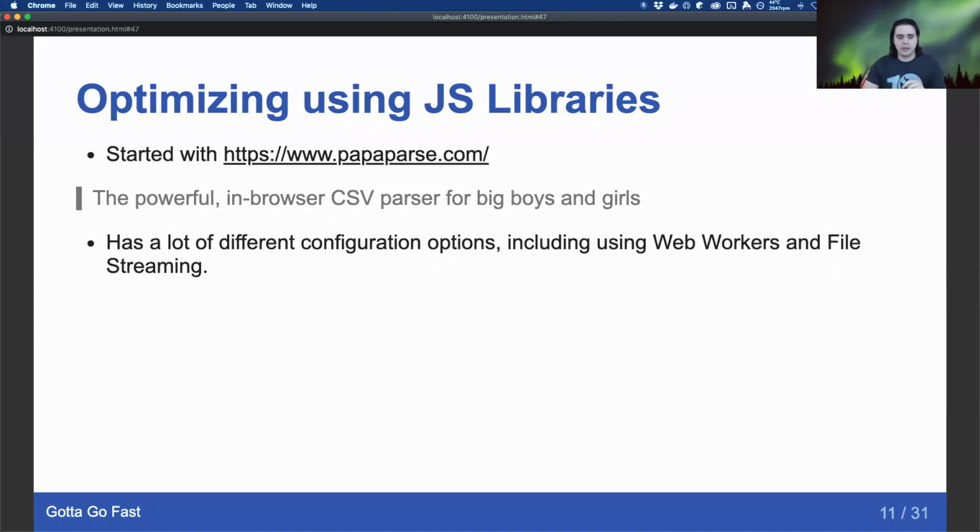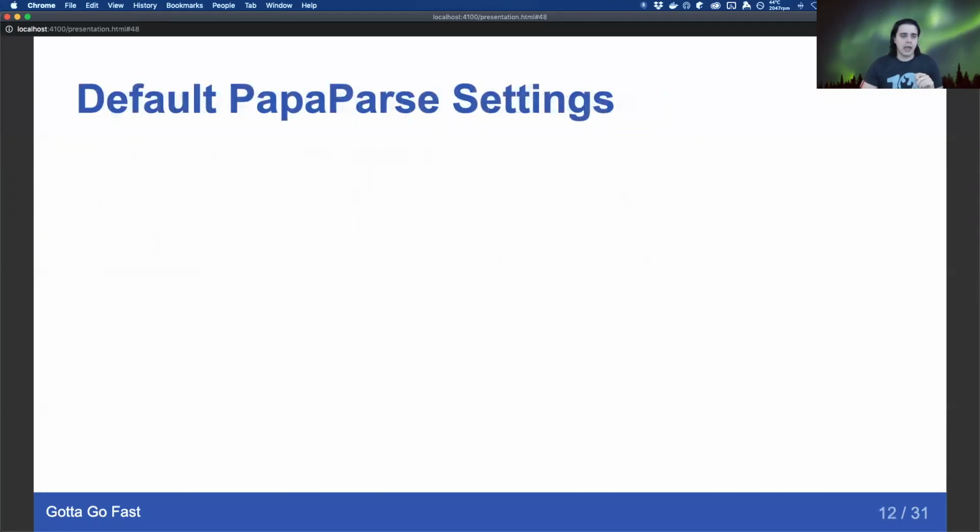We tested some configurations. The first thing we did was, out of the box, how well does PapaParse perform? So that's just you import PapaParse and call papa.parse. So we essentially took that hackathon project, removed the file processing module out of it, and replaced it with a PapaParse module.